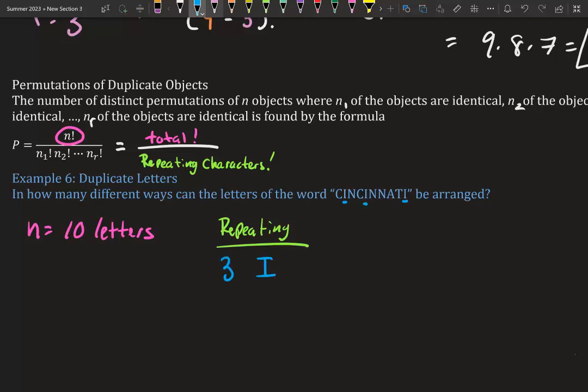We have 2 C's. And we have one more repeating character. We actually have 3 N's. So those are our repeating characters.